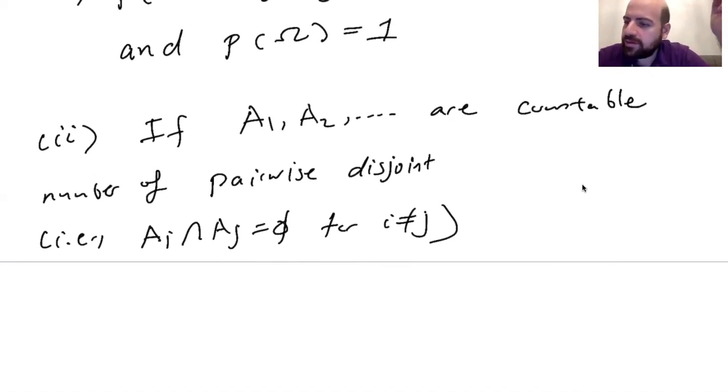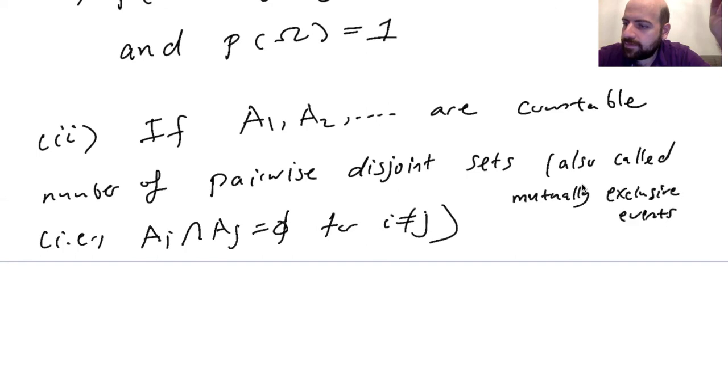Let me say pairwise disjoint sets, also called mutually exclusive events. And the meaning of pairwise disjoint sets or mutually exclusive events is that A_i intersection A_j is the empty set for i not equal to j.